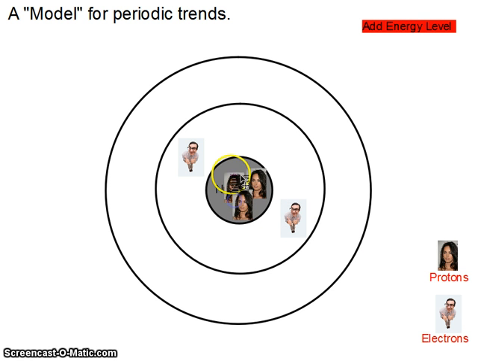If I add another energy level and add another proton to the nucleus and another electron, you might think that the pull from the nucleus has increased even more. In fact, it hasn't, because now on the inside ring, each one of these inside electrons says, wow, there's three protons in there.